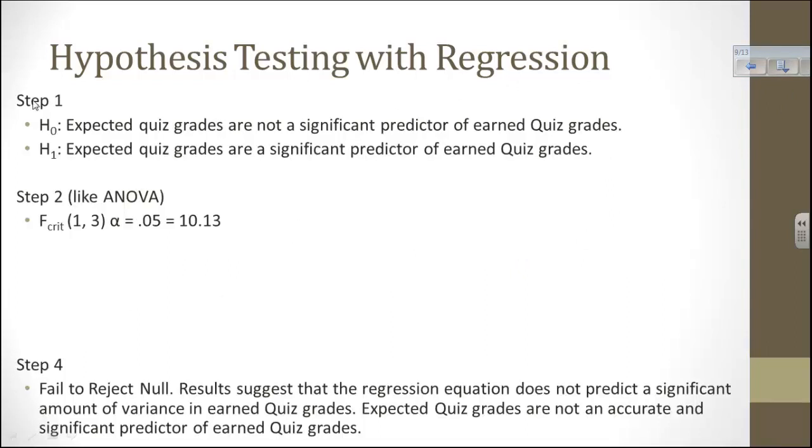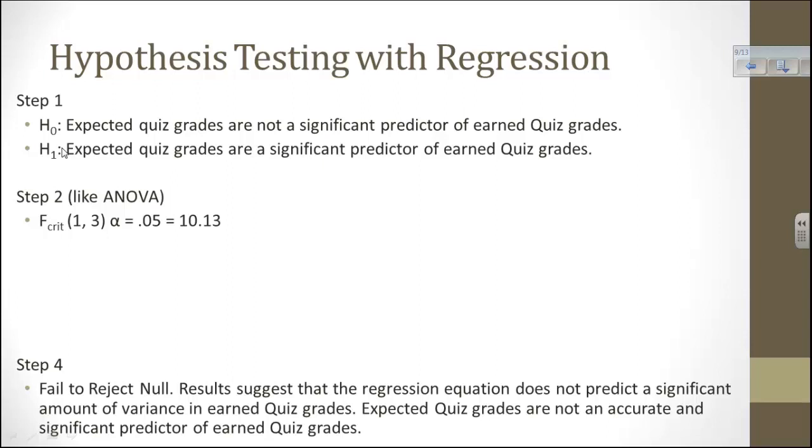Well, step 1, the expected quiz grades are not a significant predictor of earned quiz grades. That's your null. You could also state this as the regression equation does not predict a significant amount of variance in earned quiz grades. You can do it either way. If you're doing multiple regression, you always want to state it in terms of the regression equation because there's multiple predictors, and the significance test doesn't tell you which predictor is significant, just like ANOVA, it just tells you that at least one of them is.